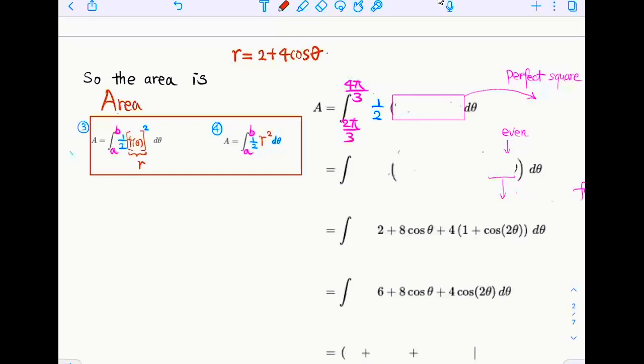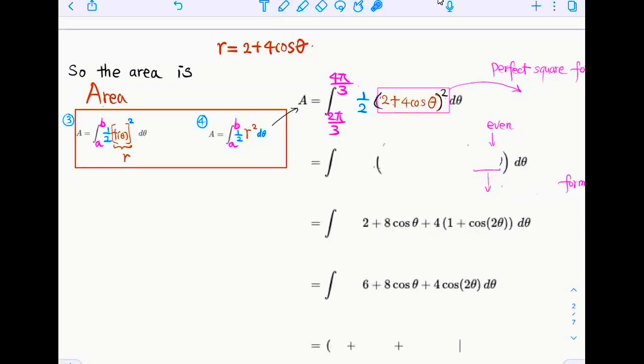So 2 plus 4 cosine theta, and then we're going to square this. So this is 1/2 r squared d theta. We're using this formula, and theta goes from this to this.